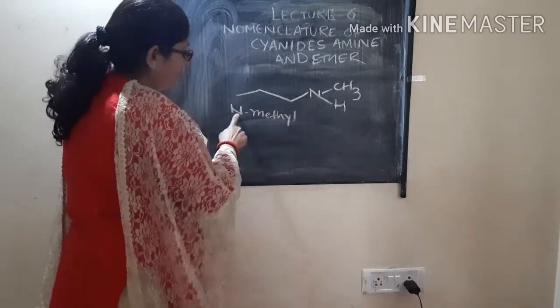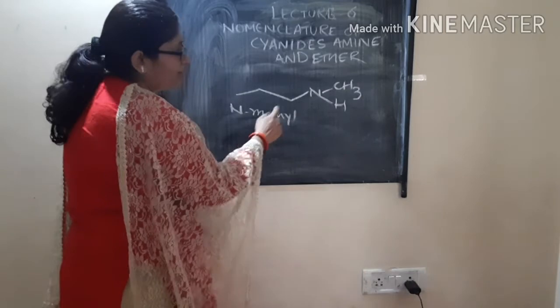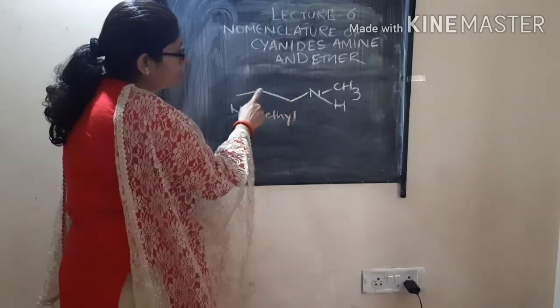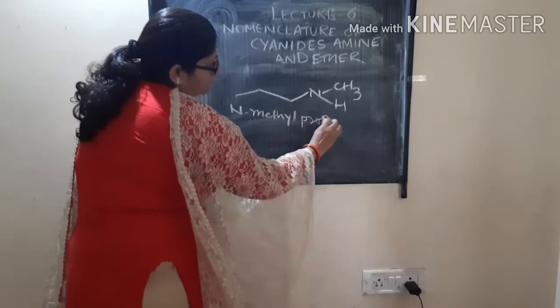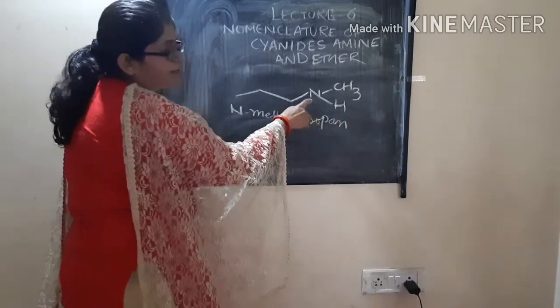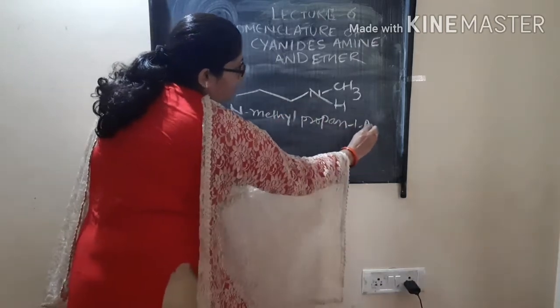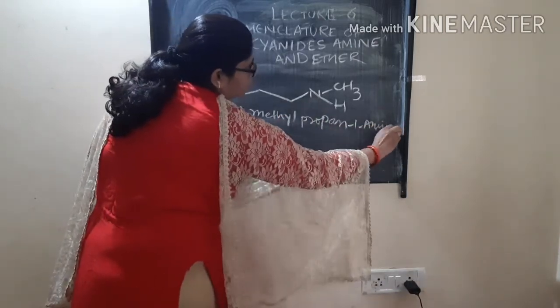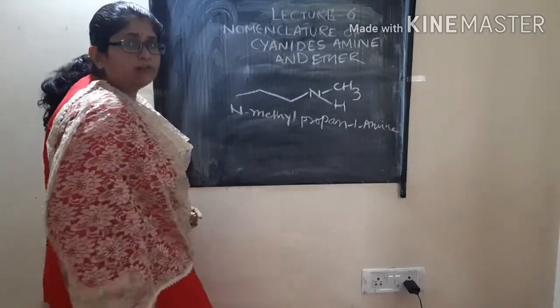You will write this N and the name of the substituent. N-methyl. How many carbons here? 1, 2, 3. So it will be propane. And at the first position you have your functional group amine. So it will be propane 1 amine. Understood students? Please note it down.